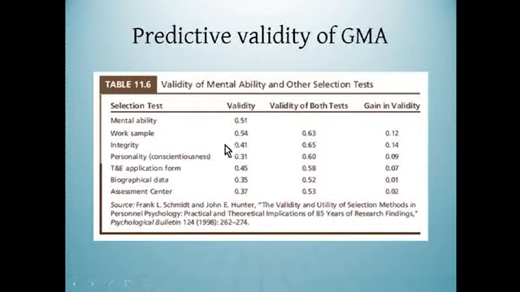Then we have integrity, personality with far lower validity coefficients than mental ability. Then there is training and experience. So this, class, roughly refers to responses to selection criteria. So we have the selection criteria, and you respond by describing how your training and experience relates to what's in the selection criteria.